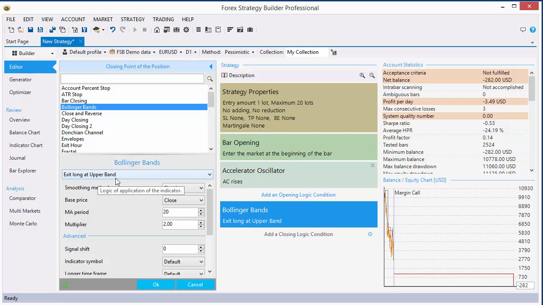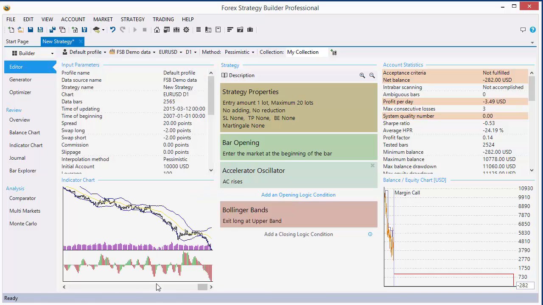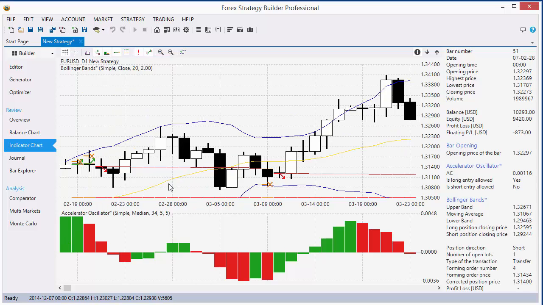We have exit long at the upper band, or we can choose exit long at the lower band. Let's choose the upper band. Every time we have a long position, we will close it at the upper band, and when we have a short position, we will exit it at the lower band.